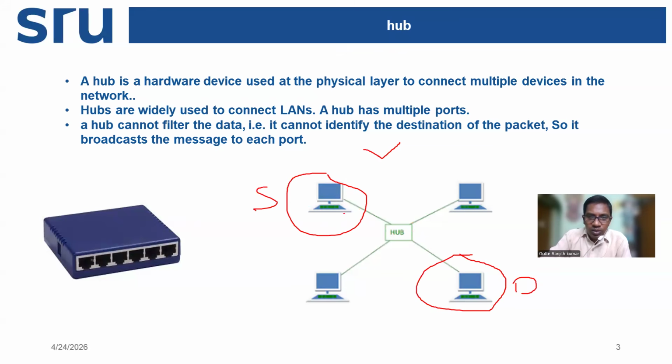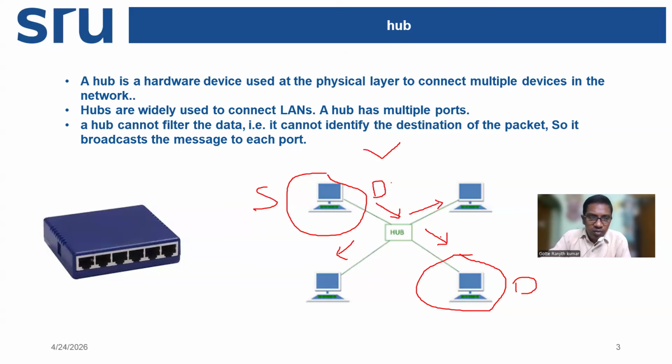When this source system wants to send a message to the destination, and some message is generated by the system, it comes to the hub, and the hub will simply broadcast this message to all systems which are connected to the hub. So this message will be sent to this system and this system and this system.